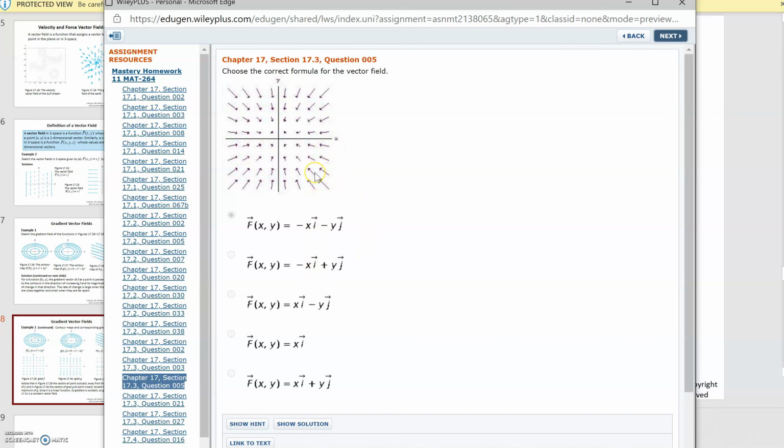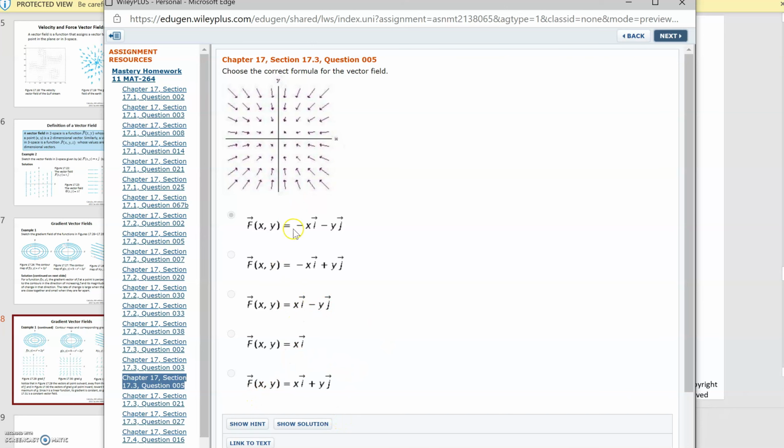Notice that since they're all converging in, we can definitely get rid of this guy here. We don't need him, because this would only signify that it is going in one direction. Now, if we look at the bottom one right below it, notice if I put in a negative number, then they should be pulling away from the center, right? Since that is not the case, we can take that one out.